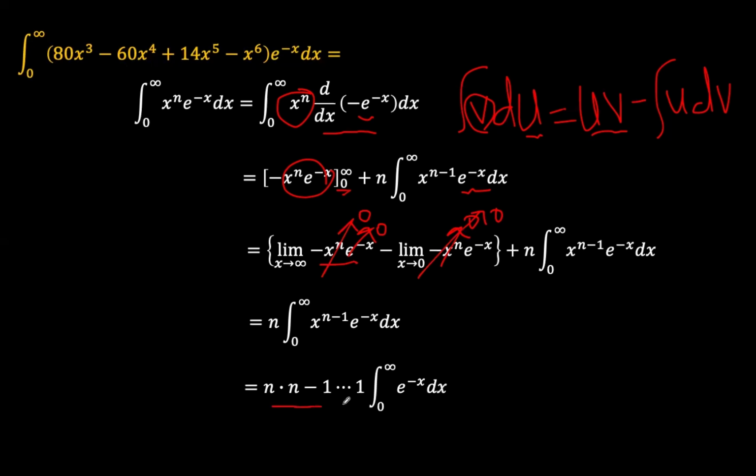The constant reduces all the way down to 1, at which point x to the power 0 is what we get, and so this becomes 1. So we have n factorial times the integral of e to the power negative x from 0 to infinity.